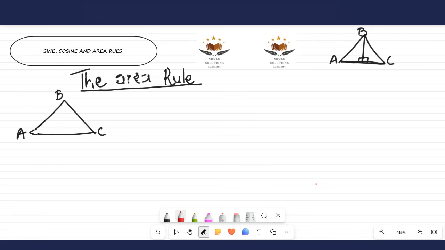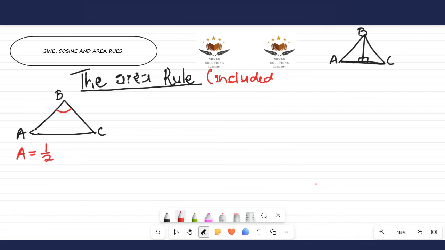Let's say you are given this, so you can find the area of ABC. So the area can also be written as 1/2. Use the included angle. You must always use the included angle. So with the area rule, you must always use the included angle. I will also explain what is an included angle.